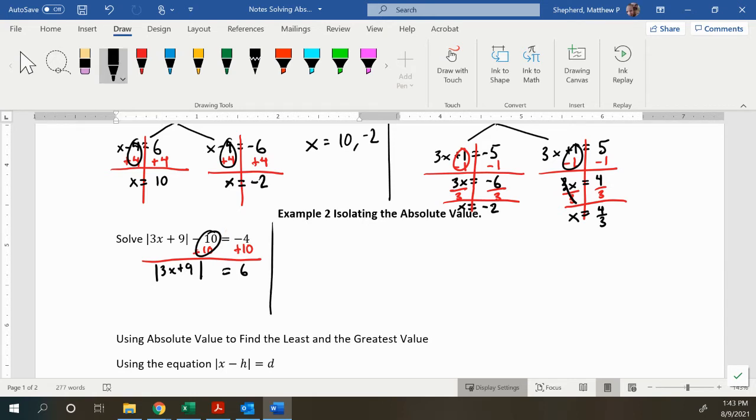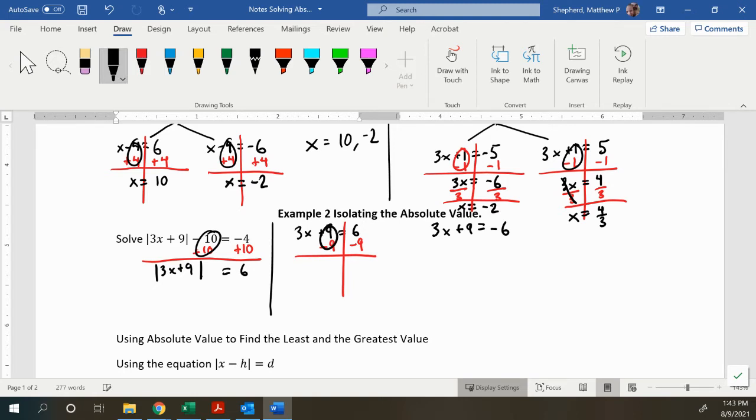So our next step, we'll separate it in two. So we'll have 3x plus 9 is equal to 6, and another one that is 3x plus 9 is equal to negative 6. All right, get that constant on the other side first.